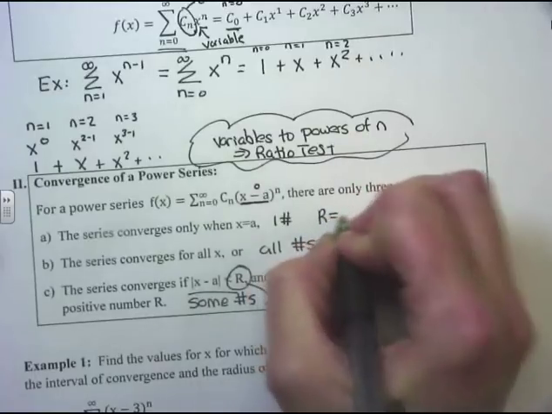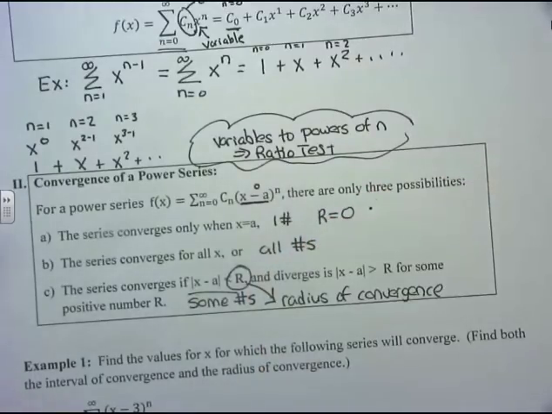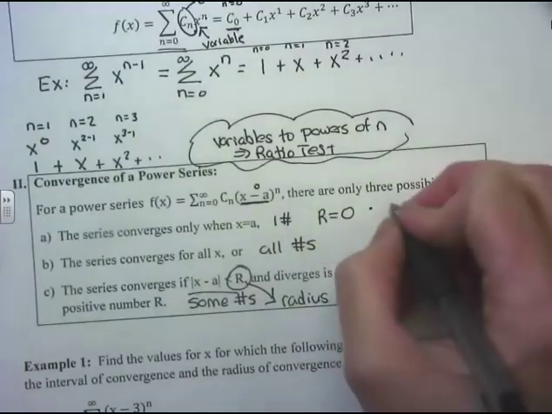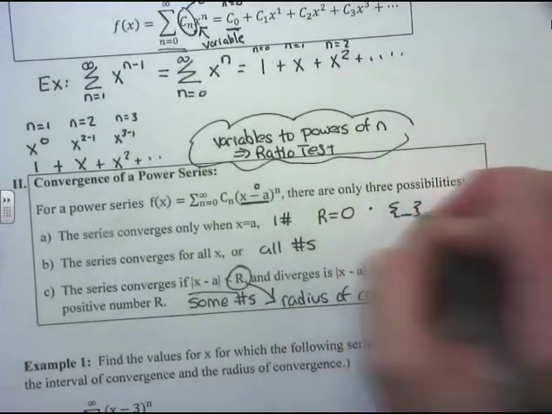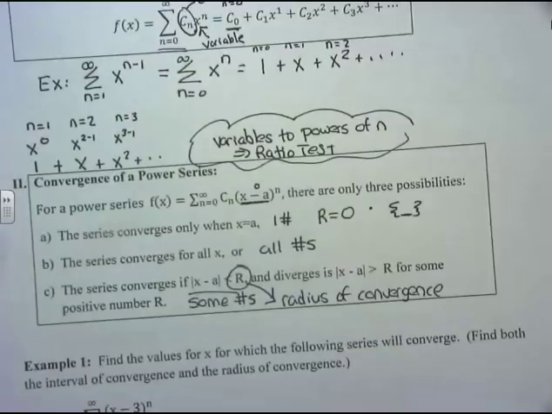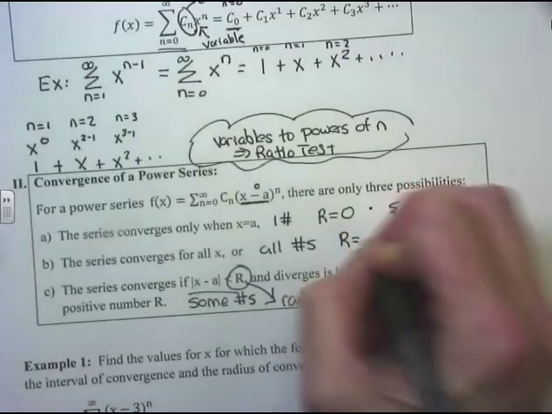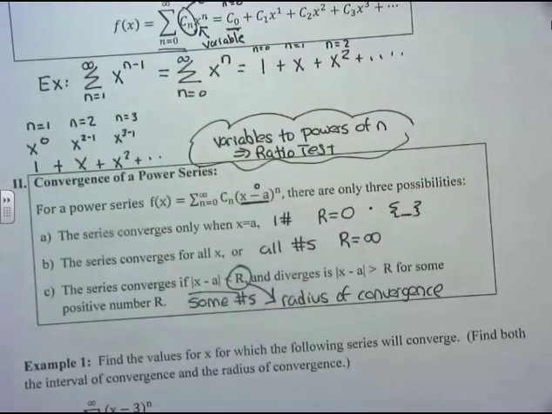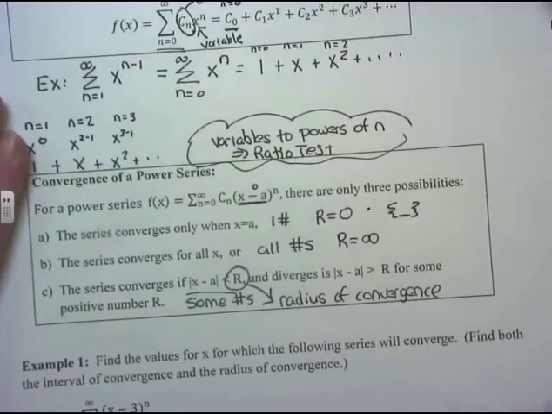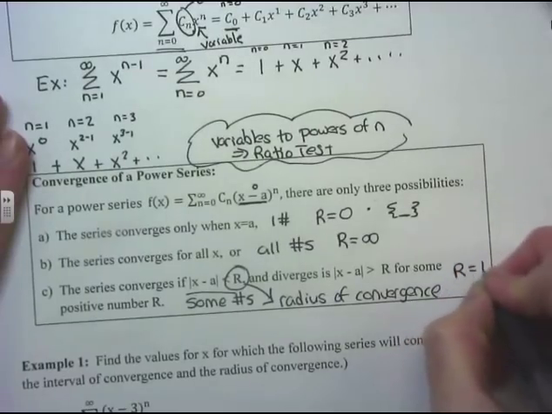Your radius of convergence is actually 0. It only converges for one value, and you would just list what that value is. If your series converges for all x, then your radius is infinity. So it will converge for any value, whether it's positive infinity all the way down to negative infinity. If it converges for some values, then your radius of convergence is just going to be a number.